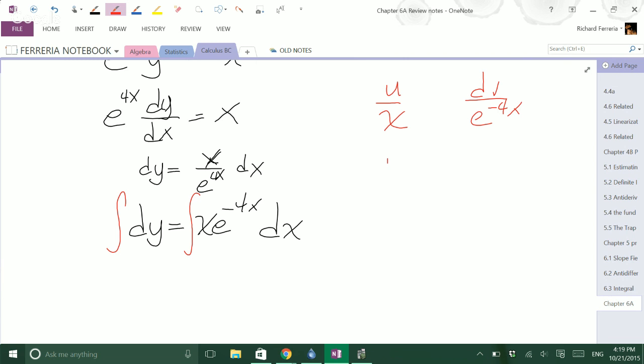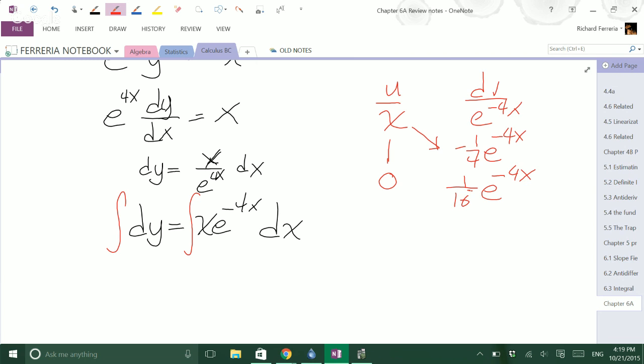Derivative of x is 1. Integral of e to the negative 4x is negative 1/4 e to the negative 4x. The derivative of 1 is 0. Antiderivative is 1/16 e to the negative 4x.